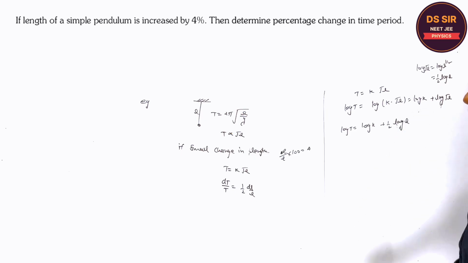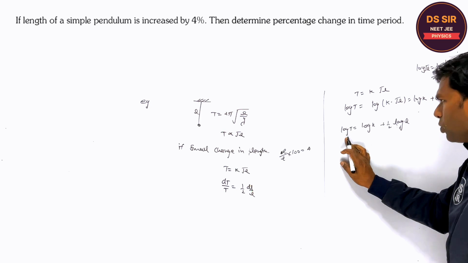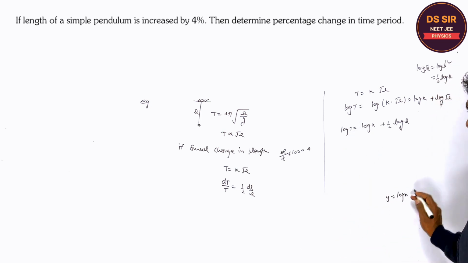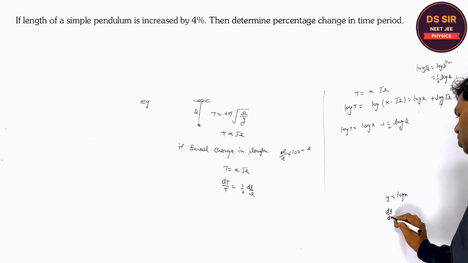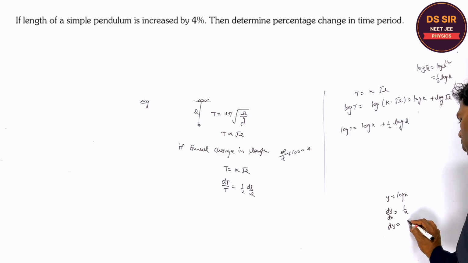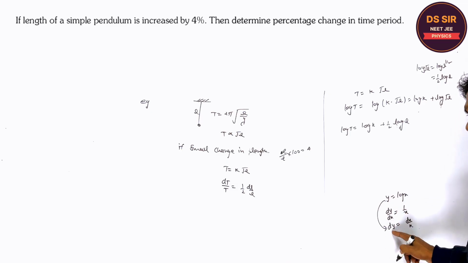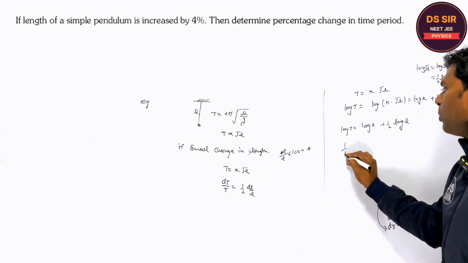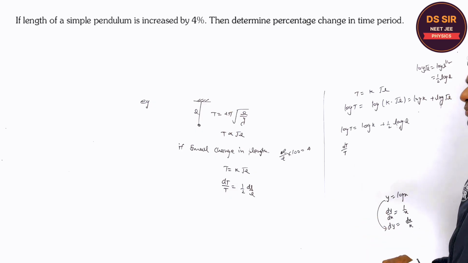So it may be written as 1 upon 2 log L. Right? In this way. Now take the differentiation. If y is equal to log x, what is dy upon dx? You tell. It is equal to 1 upon x. The log x differentiation is 1 upon x, or you may write dy equals dx upon x. If you differentiate this, it is 1 upon T dT.